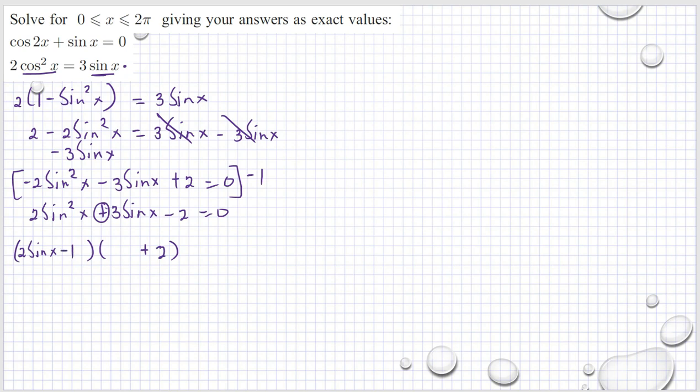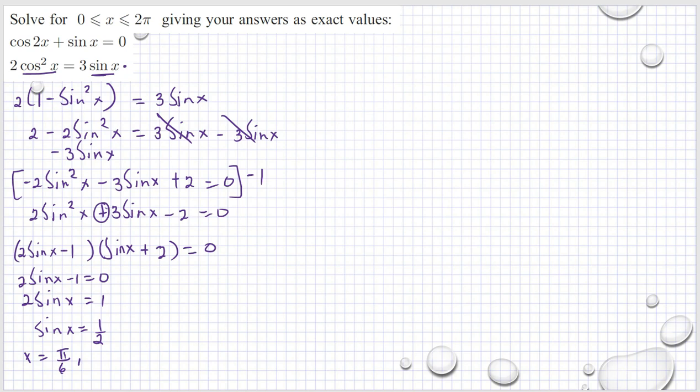It means that is 1, negative 1, and then we have sine x here is equal to 0. So for the first one, we have 2 sine x minus 1 is equal to 0. And then 2 sine x is equal to 1, adding both sides of the equation. And now we divide both sides of the equation by 2, and we have 1/2. And we know that sine x is 1/2 when x is pi over 6.